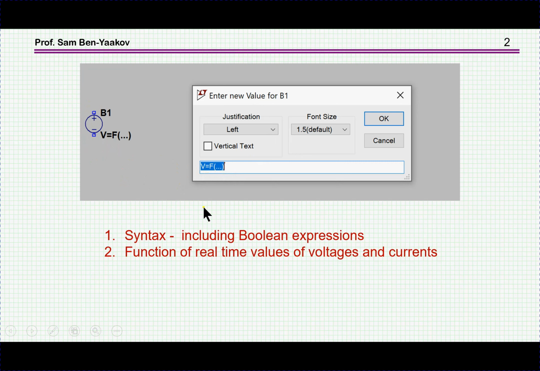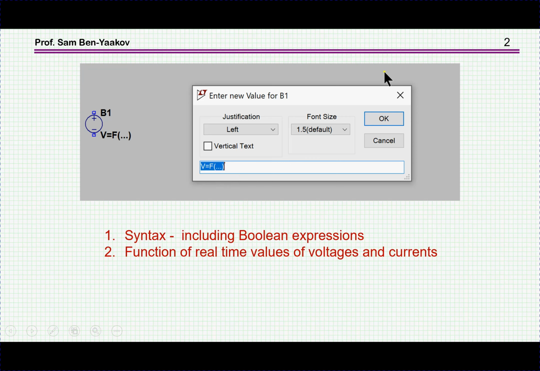And this something could be some mathematical expression, and also it could be a function of values of voltages and currents which are real time while the simulator is running, and it will put in the right values at any given time.